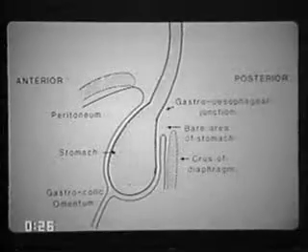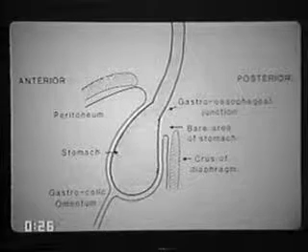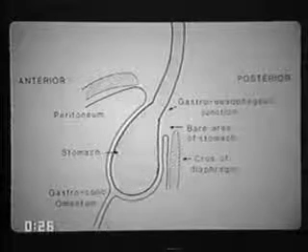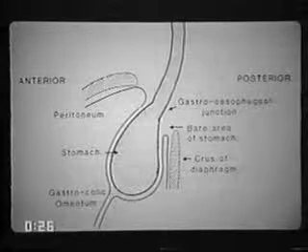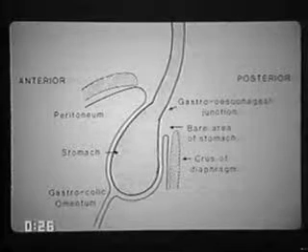Okay, let's move on to hiatus hernia very quickly. Just to review the anatomy with you briefly. The typical esophageal hiatus is illustrated here with the phrenoesophageal membrane illustrated here and the diaphragmatic crura, as you see. And anteriorly, the reflection of the peritoneum illustrated here.